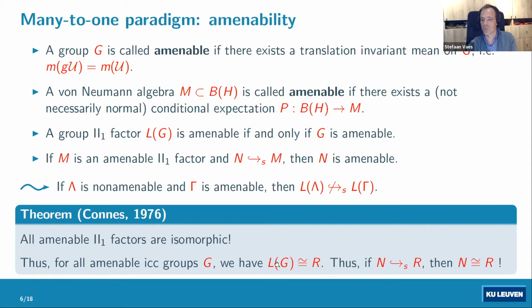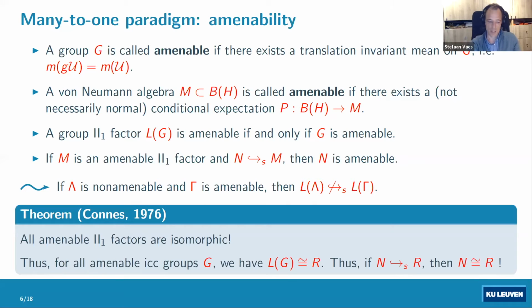Nevertheless, their group von Neumann algebras all turn out to be isomorphic to this unique hyperfinite II_1 factor. Another consequence, because of amenability passing to subalgebras: whenever a II_1 factor can be embedded into R, it must actually be isomorphic to R.